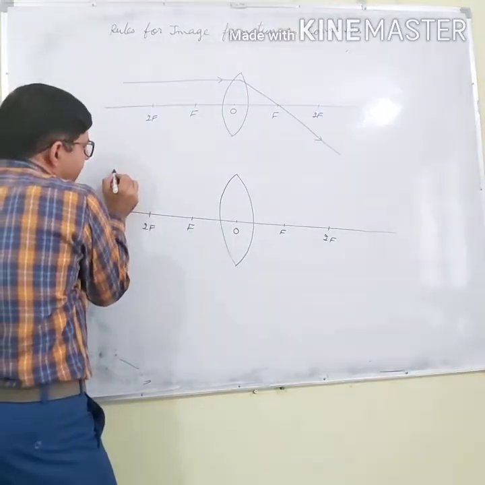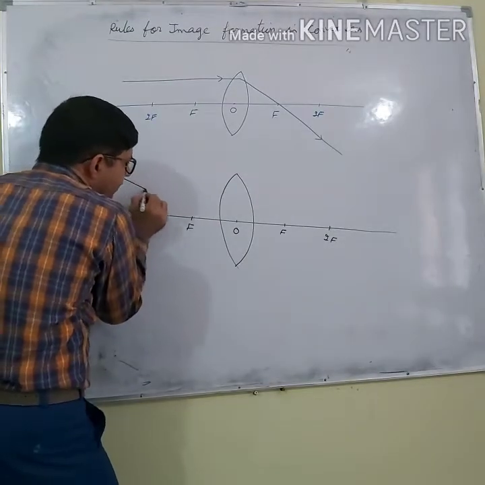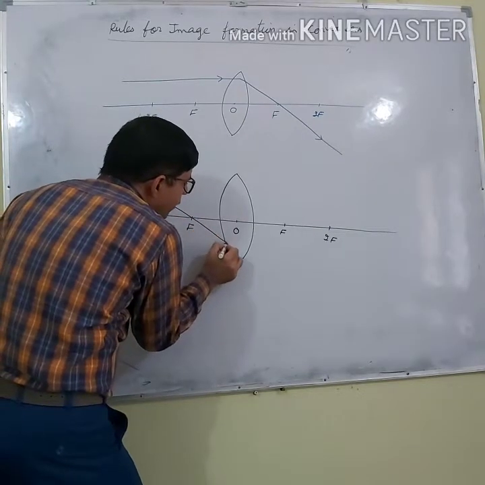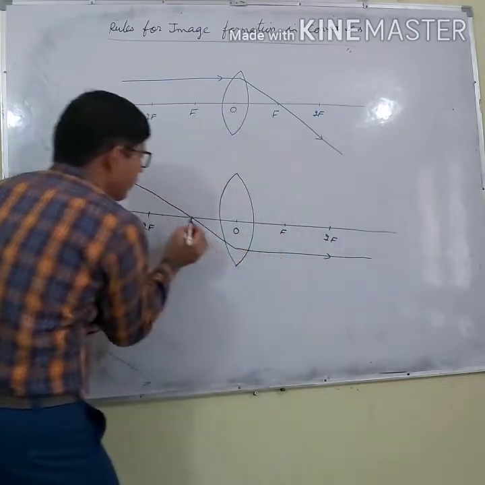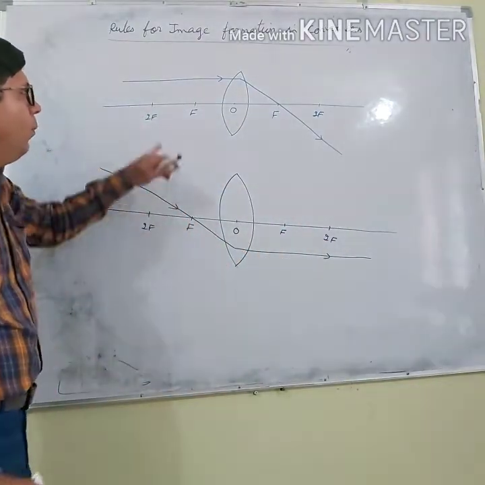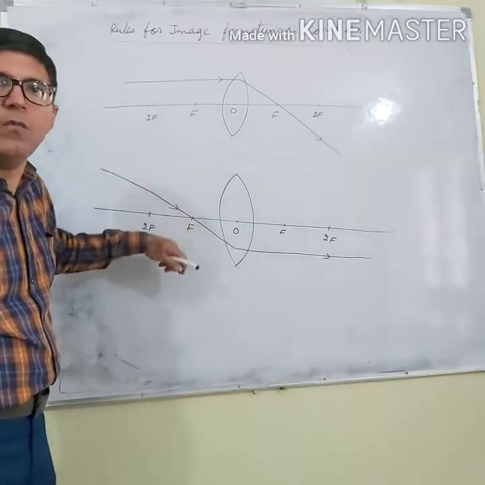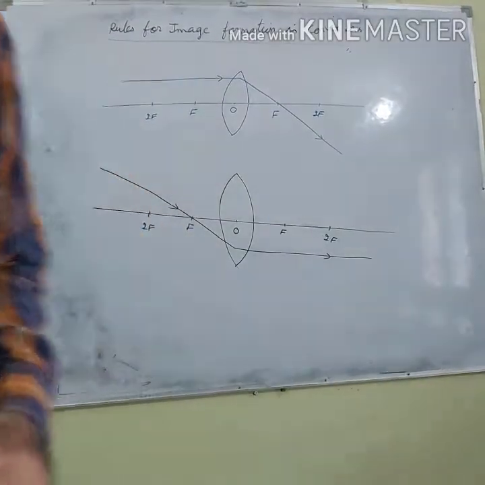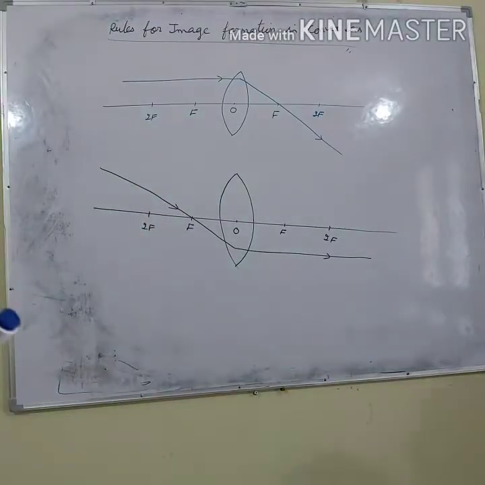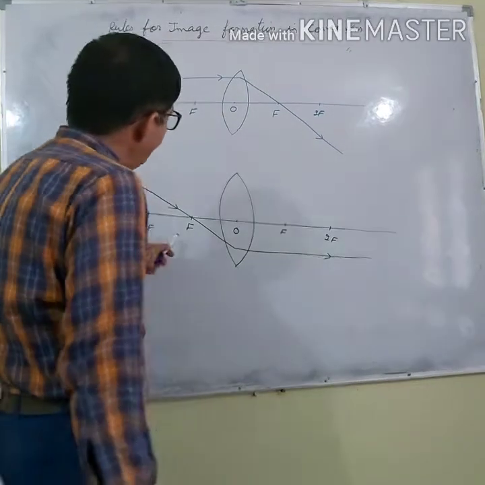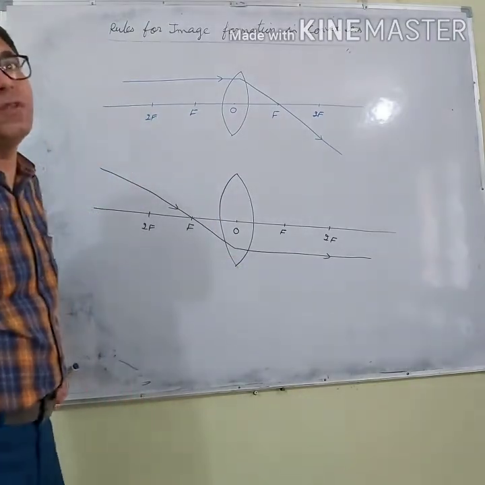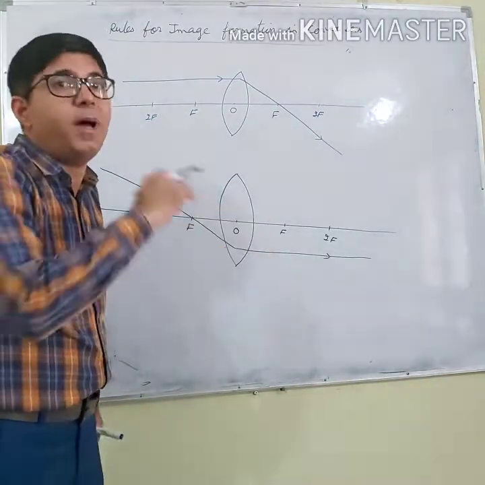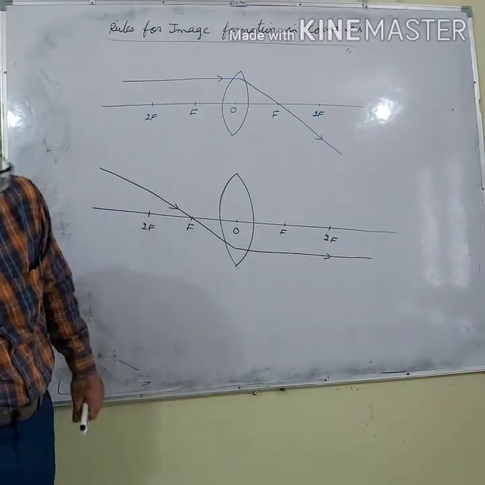Second point is that if a ray of light passes through the focus, it will become parallel to principal axis. Both these are converse of one another. If a ray of light is parallel to principal axis, it passes through focus, and if a ray of light passes through focus, it becomes parallel to principal axis after passing from the lens.